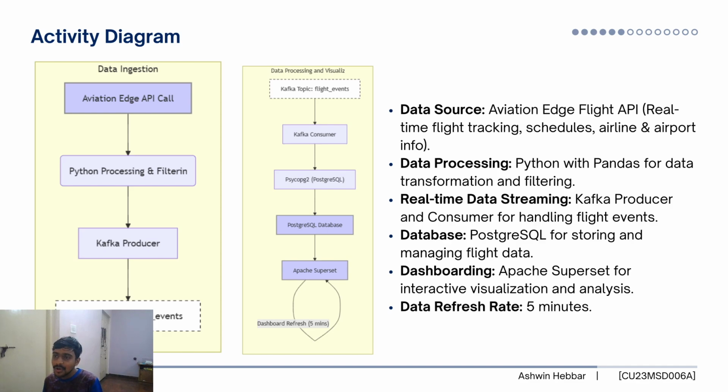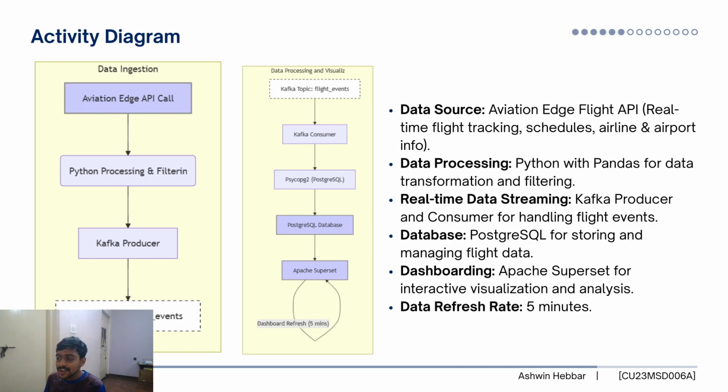Then I'll be processing all of this using Python and Pandas, and then I'll be pushing this to a Kafka producer, and I also have a Kafka server running in the background. That will be pushing it to a specific topic, and then a Kafka consumer will consume those topics, and then push all of that data to a PostgreSQL database. And then finally, this is all visualized using Apache Superset, the server for which I also have running in the background.